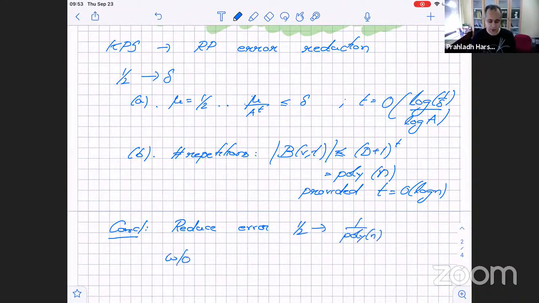You could choose any delta, but the point was, if you want to choose delta, you need to choose t to be log 1 over delta. Now what are all the deltas that are possible? t is restricted by the fact that t can be at most order log n. If t is more than log n, the number of repetitions becomes super polynomial, and you could not have done this process. Therefore, you could reduce the error from half to any inverse polynomial without paying any additional randomness.